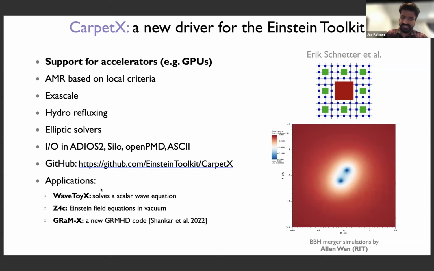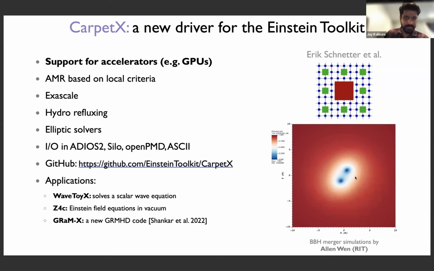It has already seen many applications, from multi-patch to WaveToy-X, and there are many different space-time solvers. There is another GRMHD code called GRMHD by Swapnil Shankar et al., in case you'd like to check that out. On the right, I show an example of a simulation that one of the graduate students at RIT, Alan Wen, performed for a BBH simulation using Z4C.